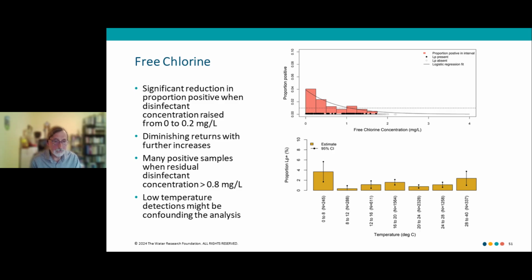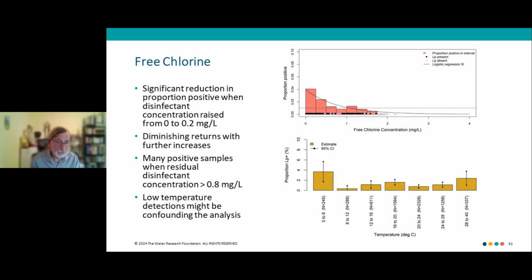There is a line, somewhat fainter than I probably should have used, that shows the logistic regression model fit, and it does a pretty good job of following along the bins that we chose arbitrarily. So that's the logistic regression model showing only the free chlorine impacts. Because the temperature term was not significant, we are showing the temperature impacts separately in the bottom figure.